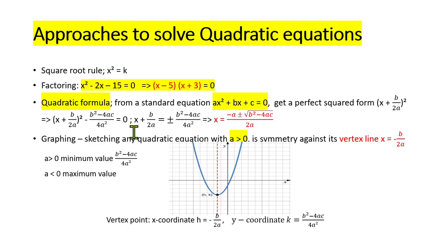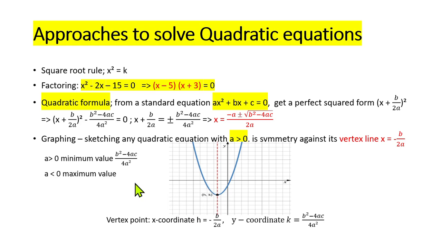Then x plus b over 2a equals plus or minus, this term you move to the right-hand side, so that square root, so x equals minus b over 2a plus or minus the square root of b squared minus 4ac over 4a squared, like this. So that's the quick investigation.